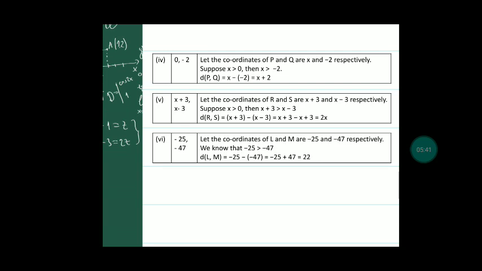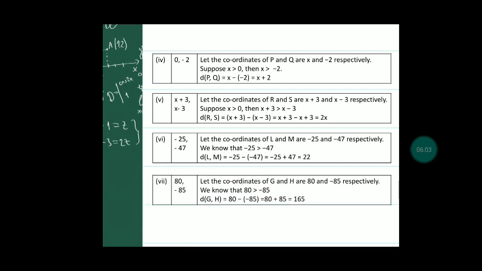Therefore, distance of LM is equal to minus 25 minus in bracket minus 47, minus minus plus, is equal to minus 25 plus 47, 47 minus 25, is equal to 22.